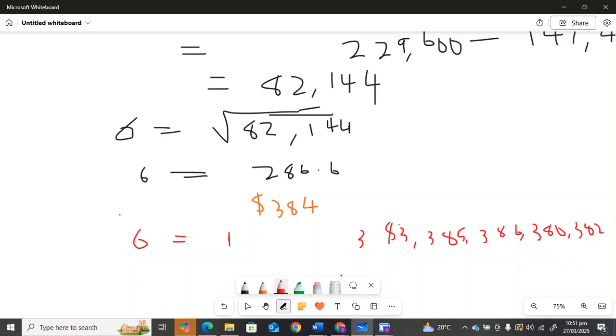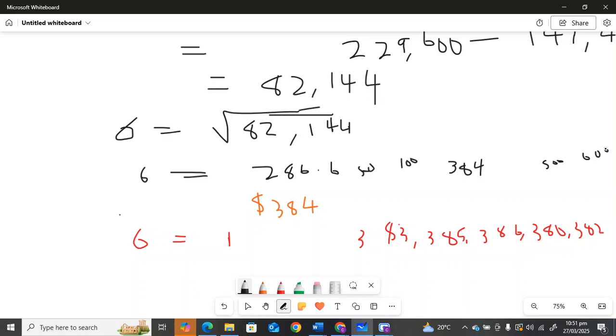Now, with a high standard deviation, we start with the average here, 384. You can make a profit of, let's say, 100, you can make a profit of 500, you can make a profit of 50, you can make a profit of 600.